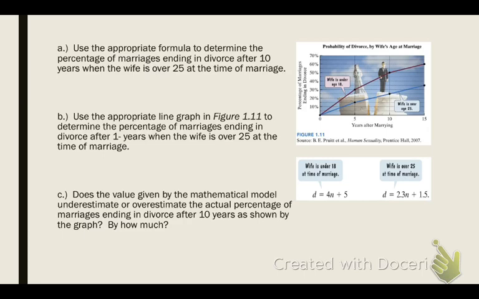If we're dealing with wife's over 25, the bottom one, right? Or the blue one, whatever you want to call it. So the blue one here, 10 years of marriage, what's the percentage that there's going to be a divorce? Well, 10 years, we go up, we go over, so 25% chance. Basically just using the information that you have, reading the question and going from there.